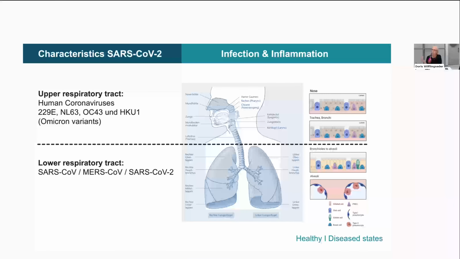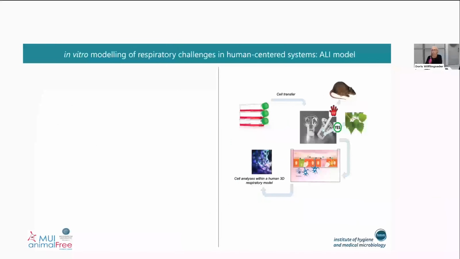And this we don't only have from healthy individuals, but also from diseased states, such as cystic fibrosis or COPD. That's why we can compare infection processes within healthy individuals versus also diseased individuals. And I want to show you our models right now.